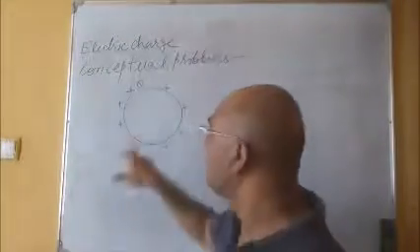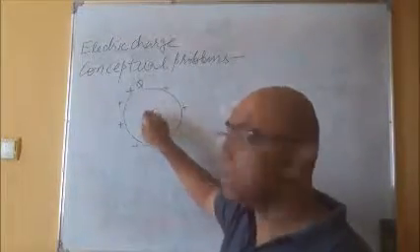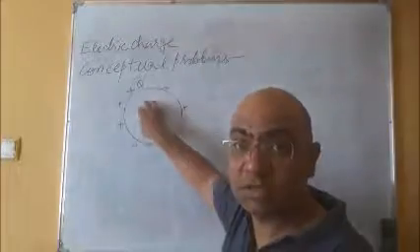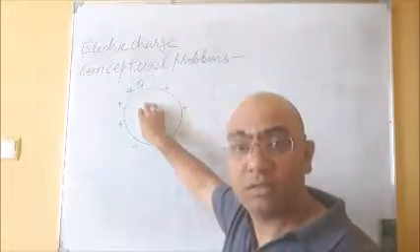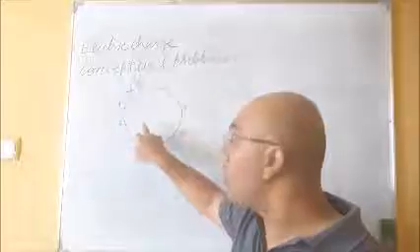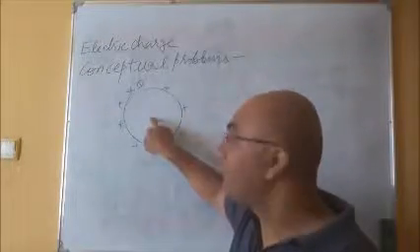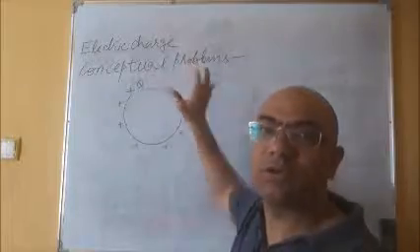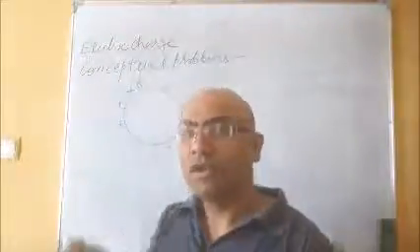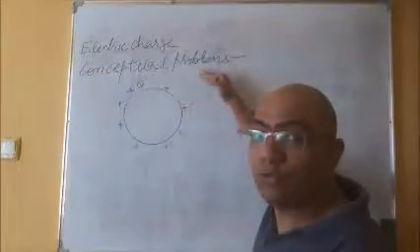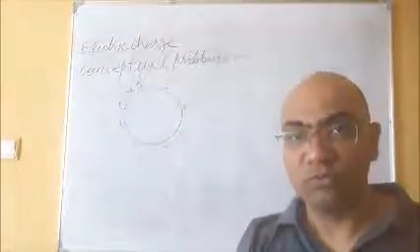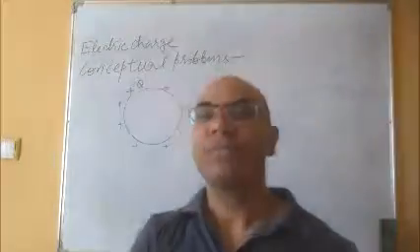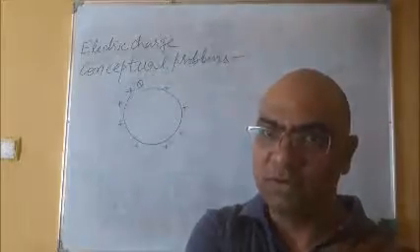And since the body is a conducting material, a metallic sphere, all the charge will flow from the inside to the outer surface, because up to this point it is free to move. After this it is not free to move. So it will always come at the outer surface.